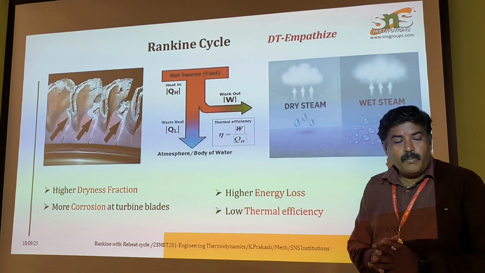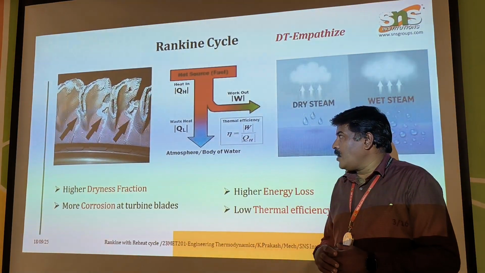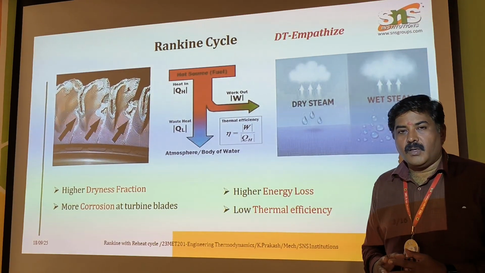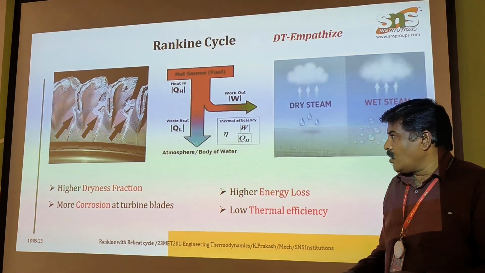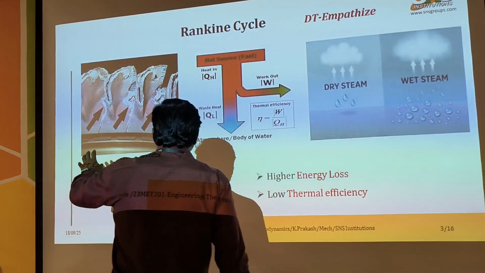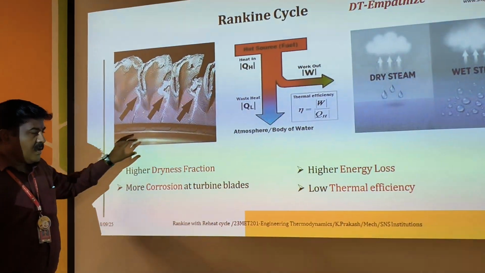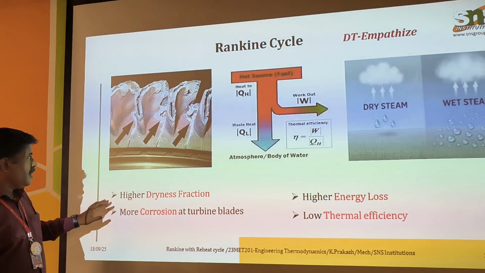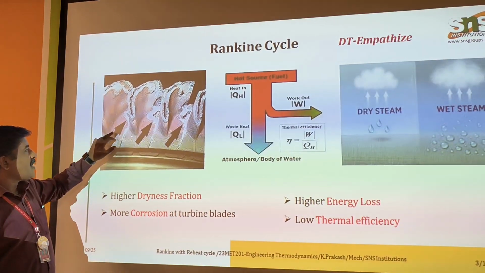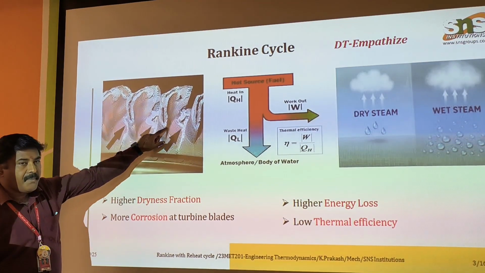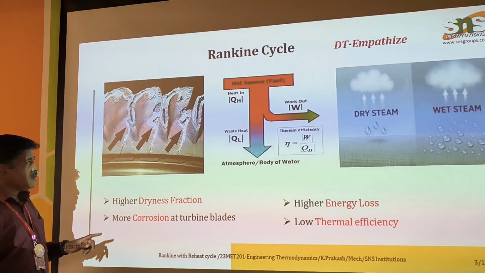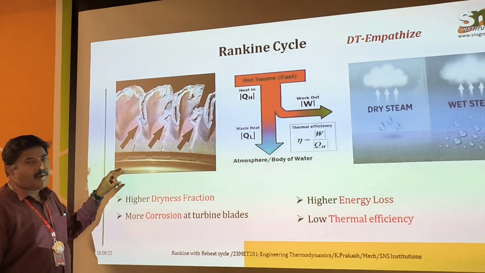Before going to the topic, we will have some empathy, because the first stage in designing is empathy. In the existing Rankine cycles, because of the dryness fraction and the wet steam, the blades are getting damaged in the turbines. This is a major problem.